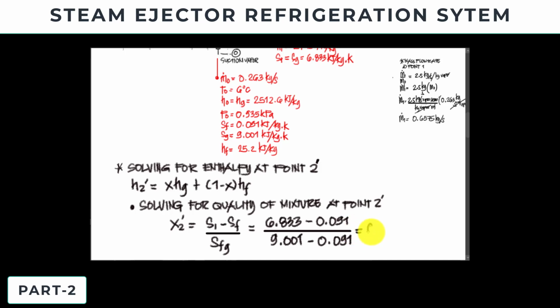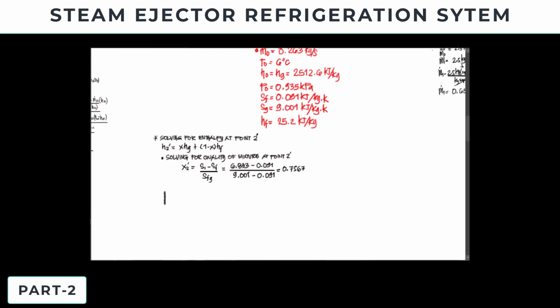We have the value of 0.7567. Now substituting that one for my enthalpy 2, where the quality is 0.7567.